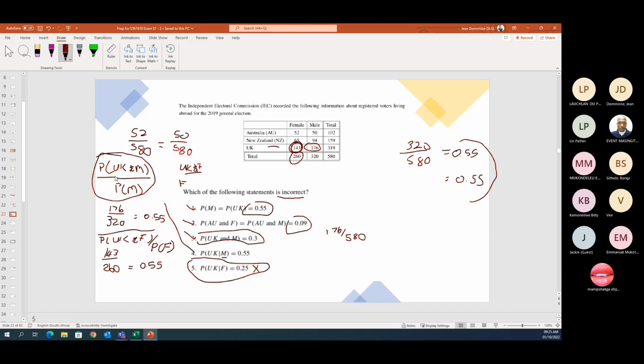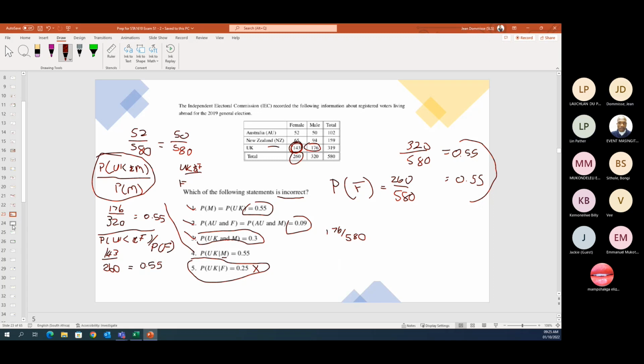What you nearly said, 260 divided by 580, would have been the probability of being a female. I normally use the 143 over the 580 and the 260 over 580, but it doesn't really matter because those values cancel out.